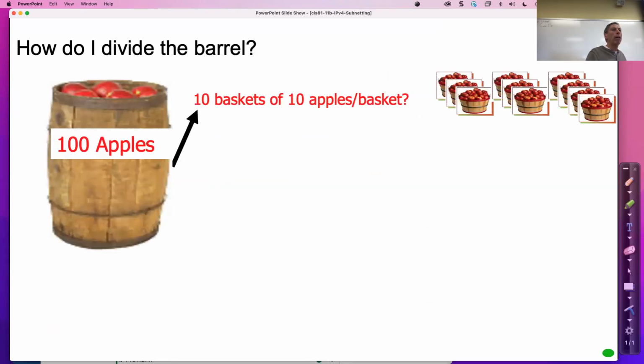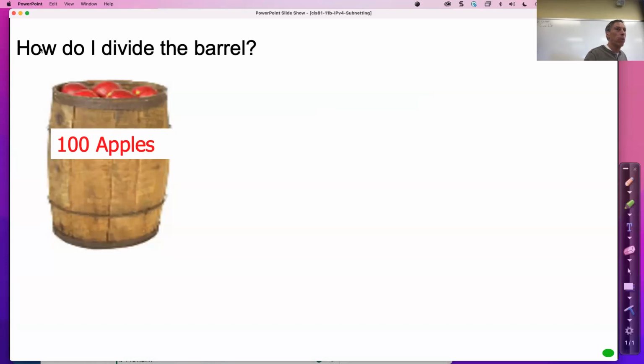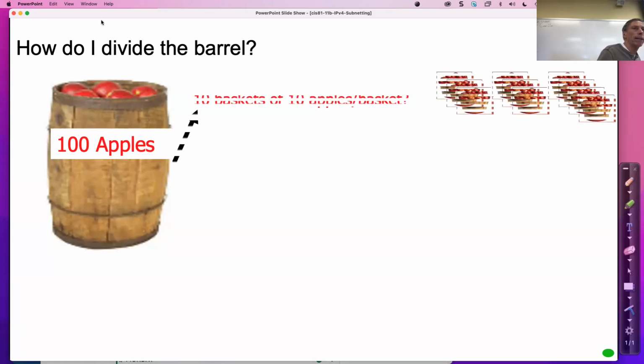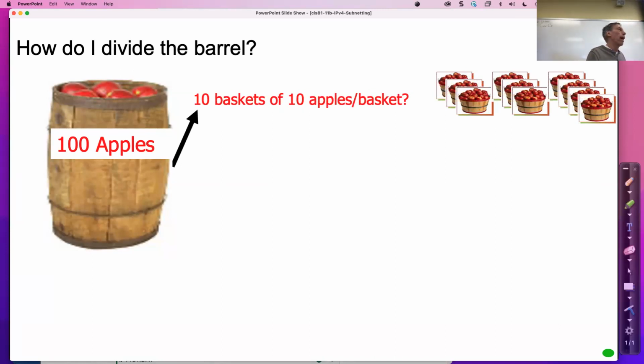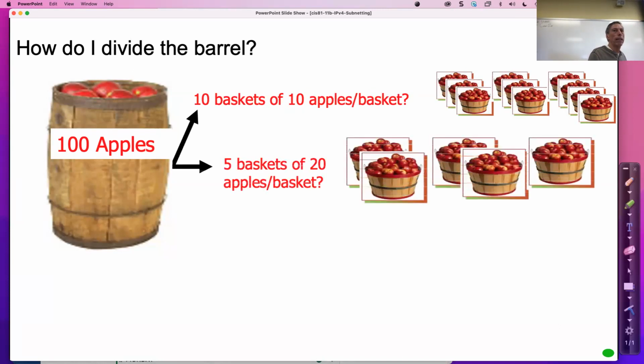Okay, and how you subnet this is up to you. You get so many host IP addresses, and you can use it as a single network if you want. But if you decide to subnet it, you can do it like 10 baskets of 10 apples each.